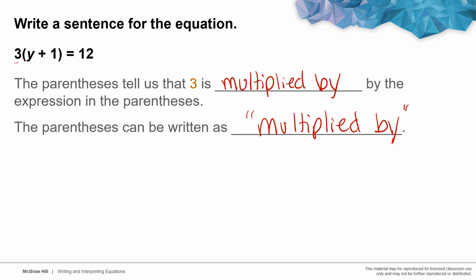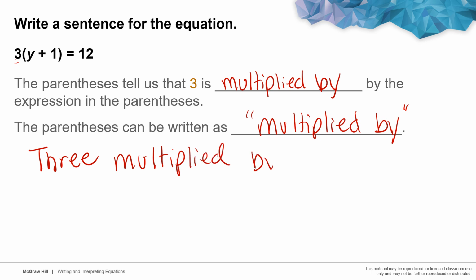The first thing is a 3, so we're going to write out 3. Then when you have the parentheses, you're going to write multiply by. So 3 multiply by.